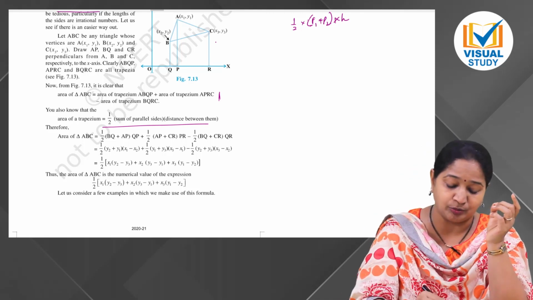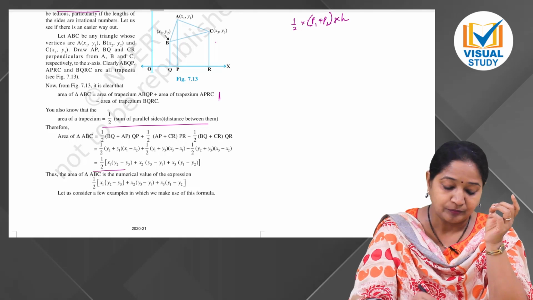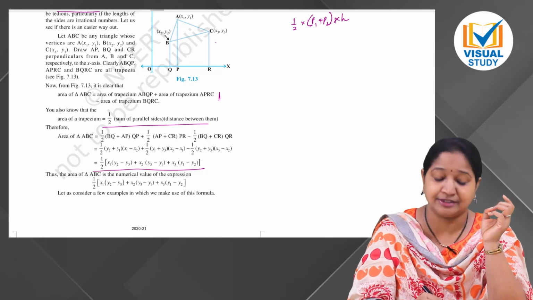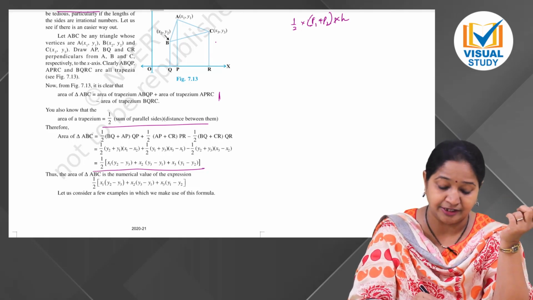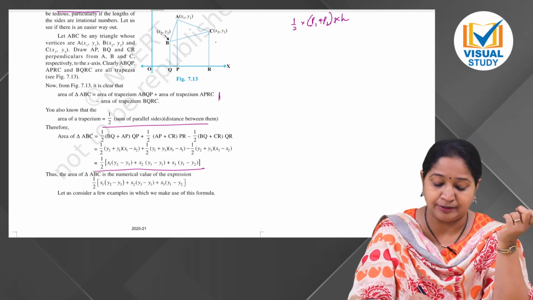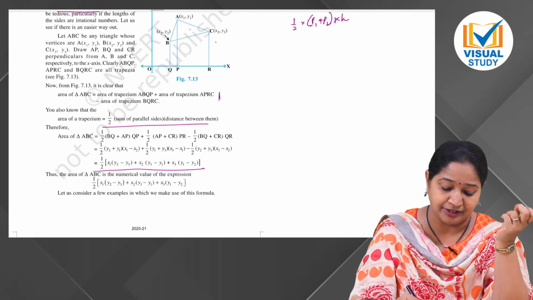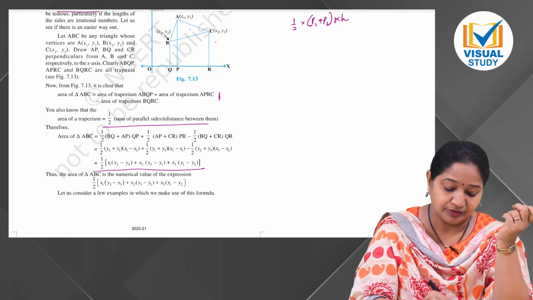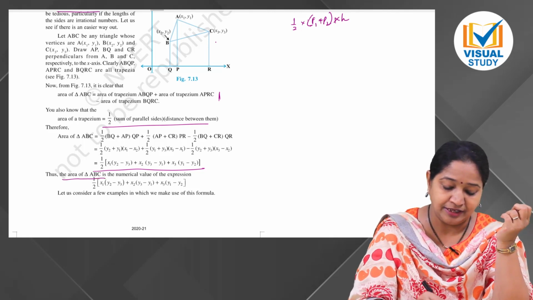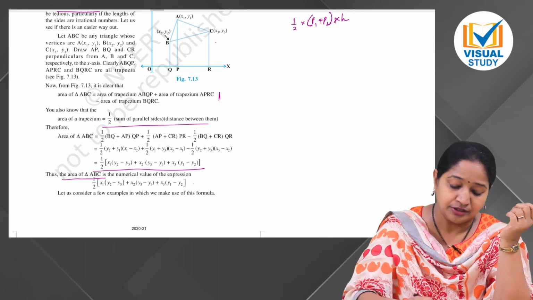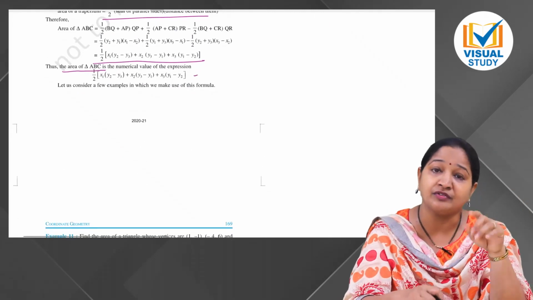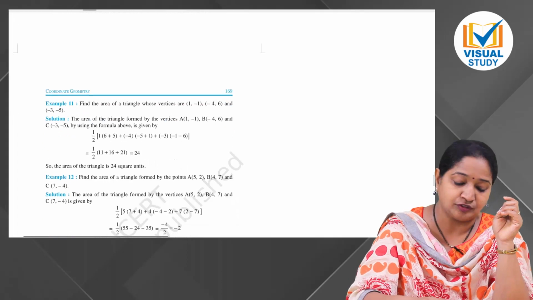In that way we multiply and we get half into x1 bracket y2 minus y3 plus x2 bracket y3 minus y1 plus x3 bracket y1 minus y2. And so the area of the triangle is this. From this formula, we can find the area of a triangle.